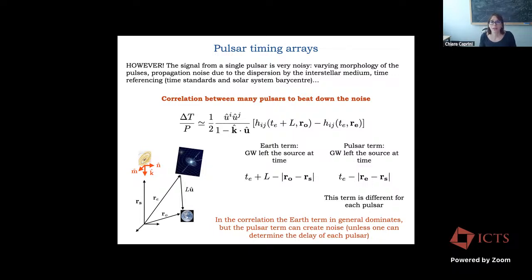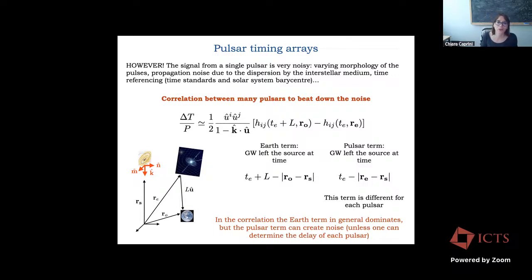So in reality, what one does to arrive at a measurement is to correlate, once again, as I told you, the same for LIGO Virgo KAGRA, which is the cross correlation between different interferometers that are noise dominated in order to get the signal. Here it is equivalent.